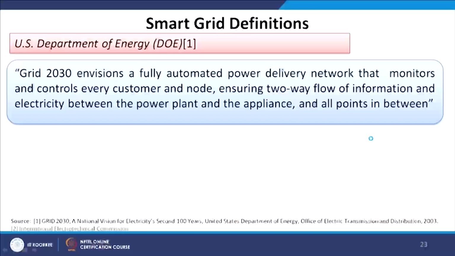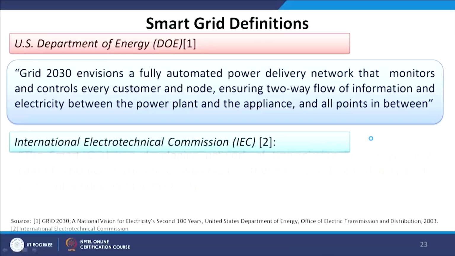The US Department of Energy, DOE, defines smart grid in the following manner: Grid 2030 envisions a fully automated power delivery network that monitors and controls every customer and node, ensuring two-way flow of information and electricity between the power plant and the appliance and all points in between. This is the definition of smart grid by DOE.